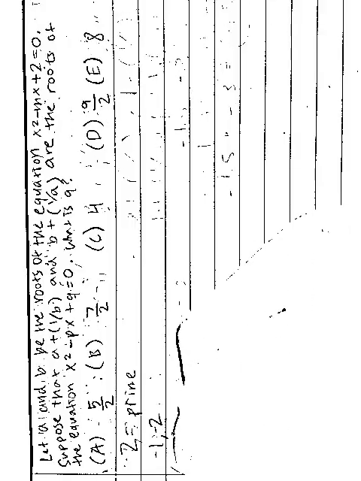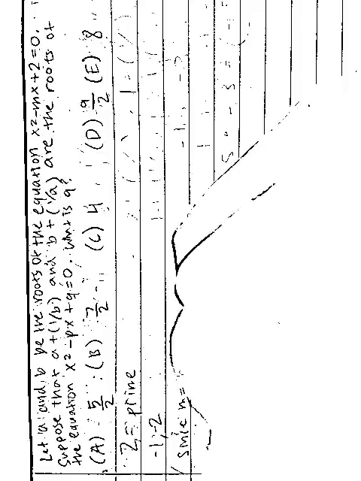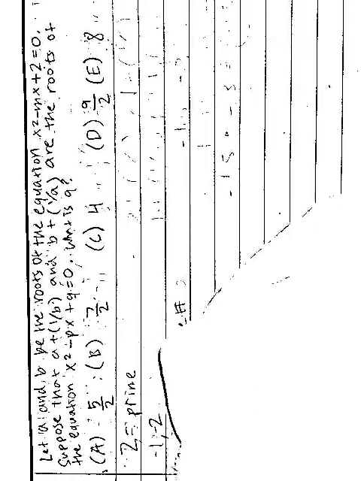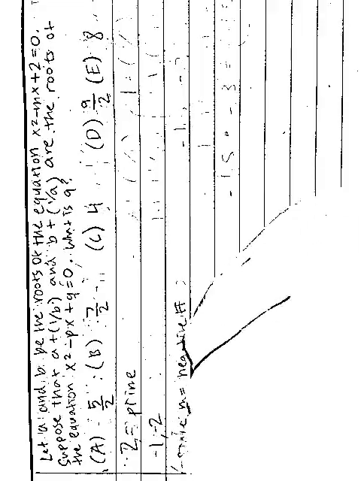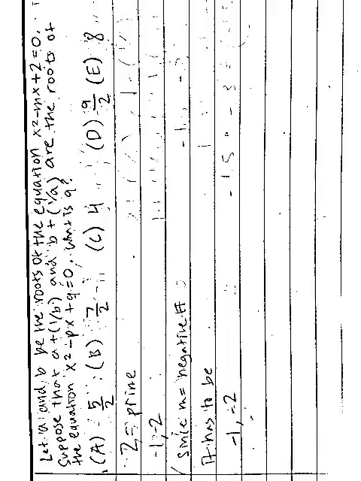So let me write that down. Since m equals a negative number, it has to be negative 1 and negative 2.